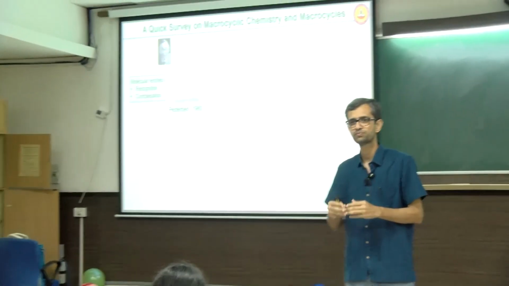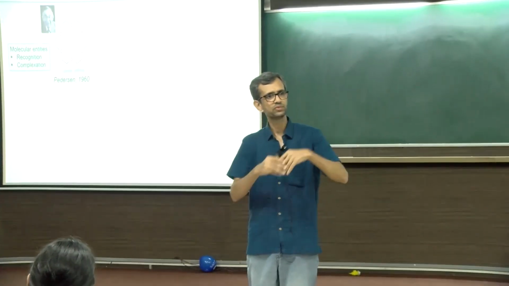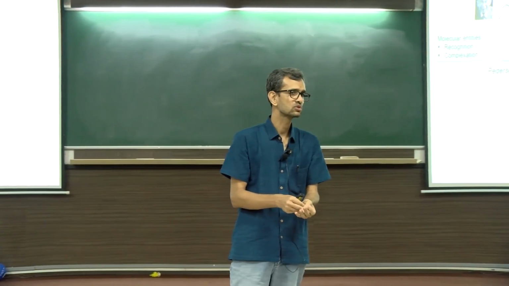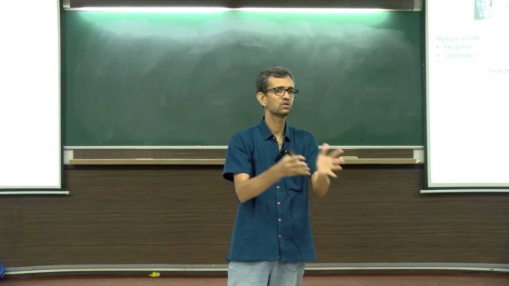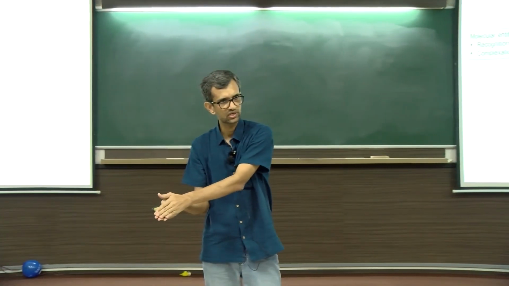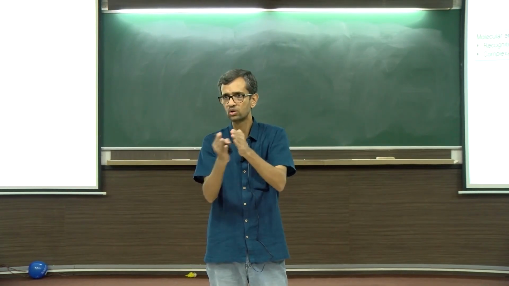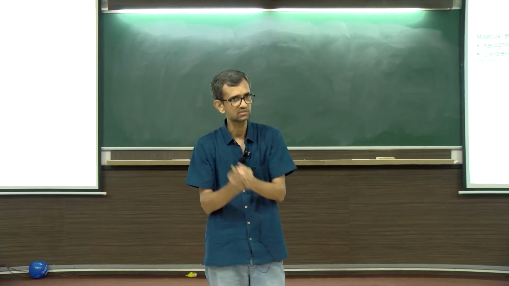So when I say interactions, they could be of different types. Here we saw an ion binding. You can also think of an electron-rich molecule recognizing an electron-deficient molecule, so you have a donor-acceptor kind of interaction.